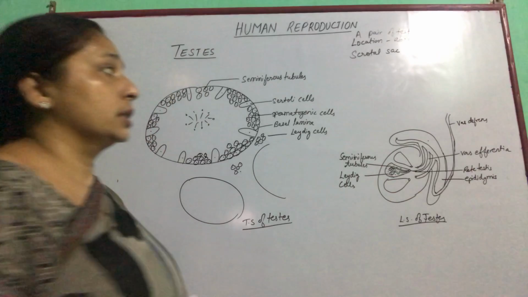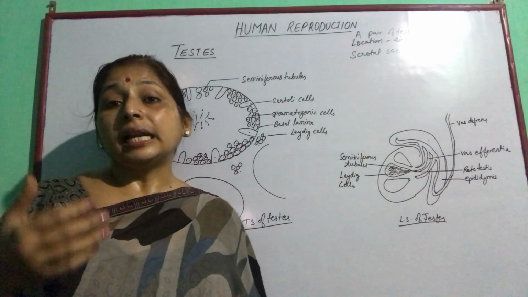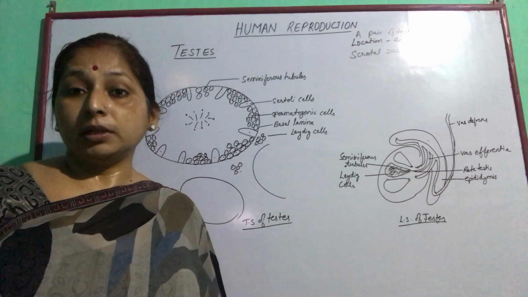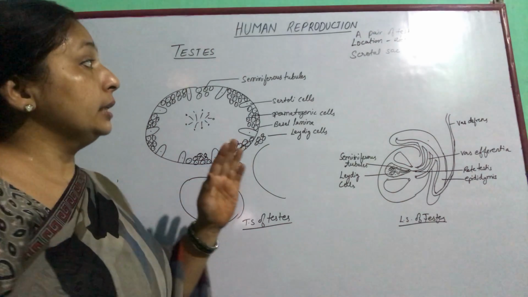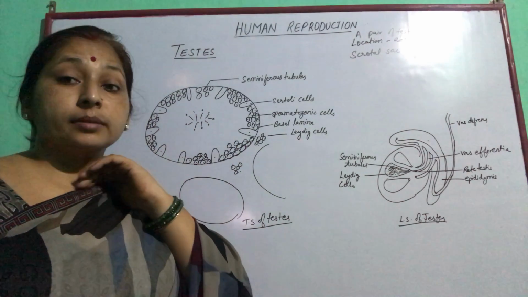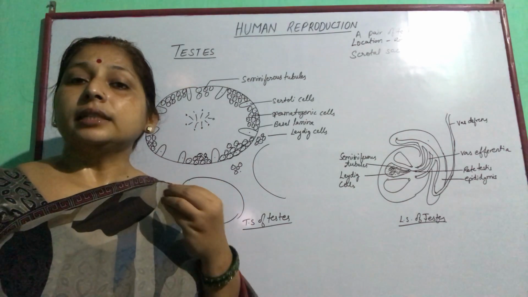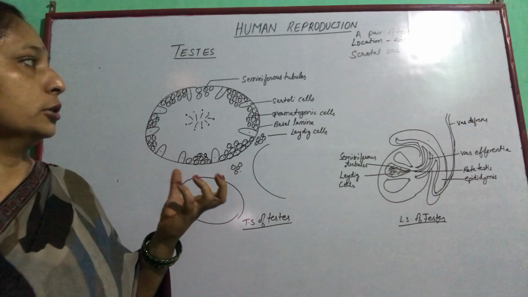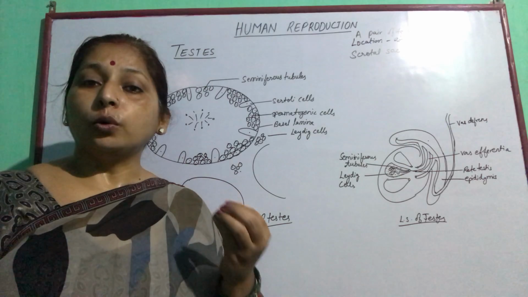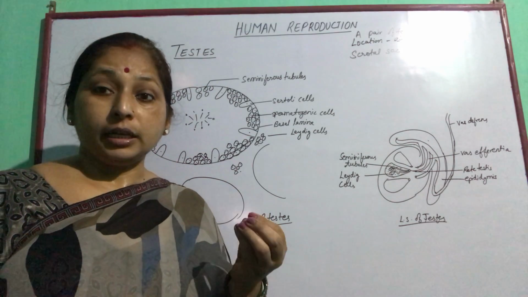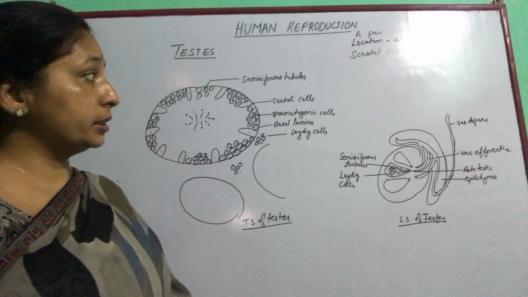Now, where is the scrotal sac? It lies just outside the abdominal cavity. It descends below the abdominal cavity. The main role of the scrotal sac is to maintain a temperature 2 to 3 degrees Celsius lower than the body temperature, because sperms could not survive at body temperature.